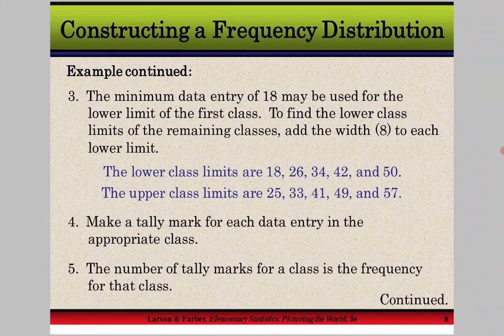The next step: the minimum data entry of 18 is used as the lower limit of the first class. To find the lower class limits of the remaining classes, add the width to the lower limit.